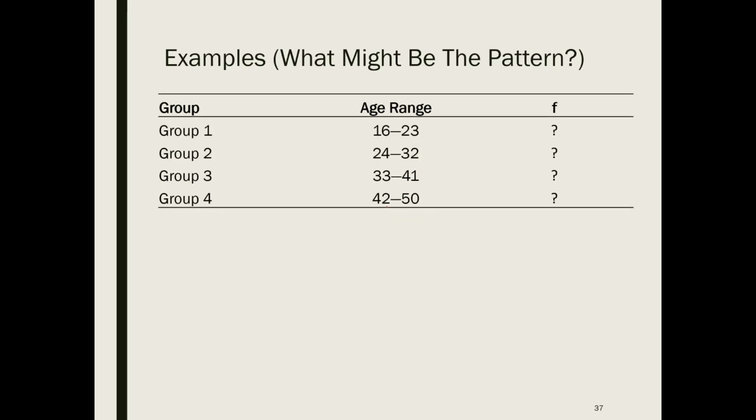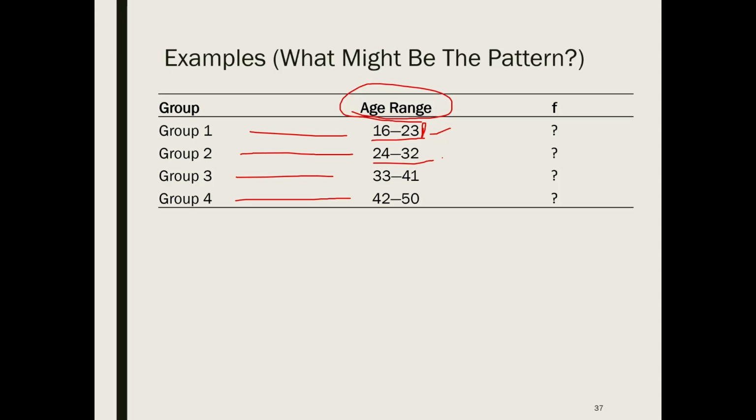For example, it's really based on your discretion, we can set up age ranges: from 16 to 23 goes into group 1, and 24 to 32 goes into group 2. Make sure the boundaries do not overlap. You cannot put 24 here because if you put 24 here, there is another 24 there, so a person who is 24 will be counted in both group 1 and group 2.